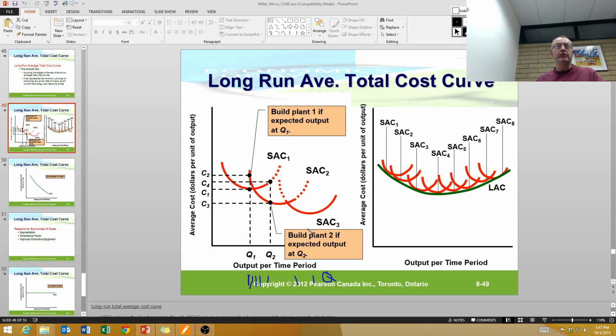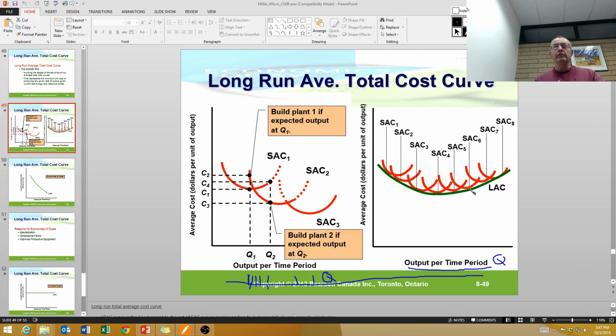And we could come up with a short-run average total cost curve corresponding to each one of those plant sizes. And when we do that for a very large number of plant sizes over this very large output range, we sometimes see that the long-run average total cost curve is U-shaped.